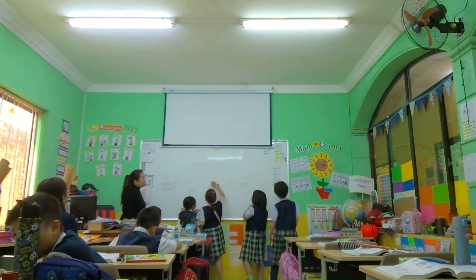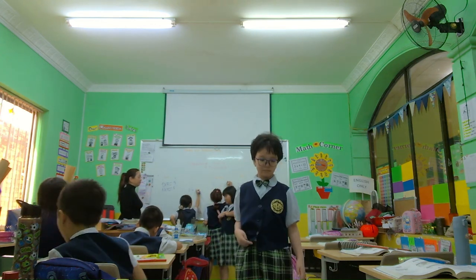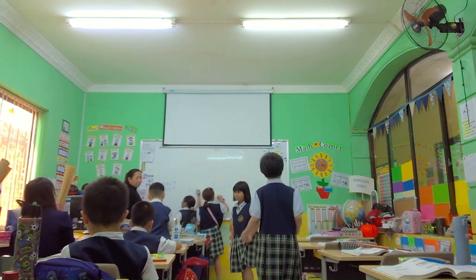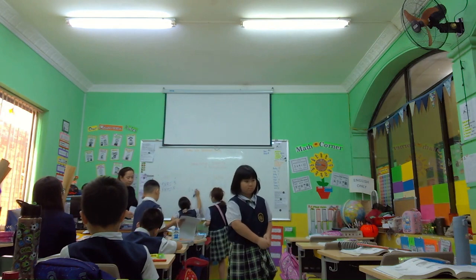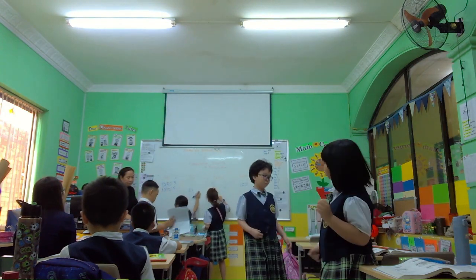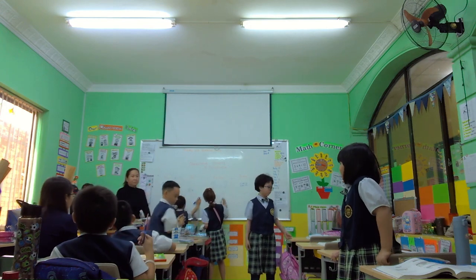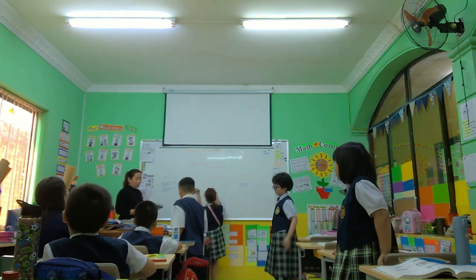Are you sure about your answer, Ruby? Okay, if you're sure about your answer, you can sit down. You can choose any number you want. Okay, so do it right now. You're just going to write one answer in here.